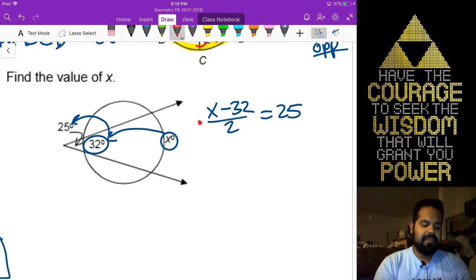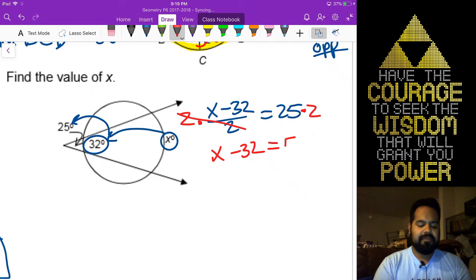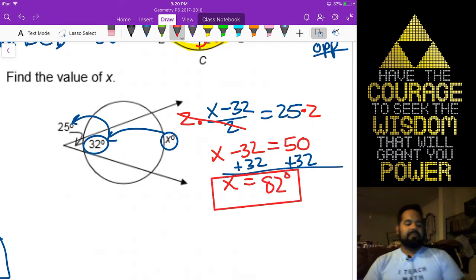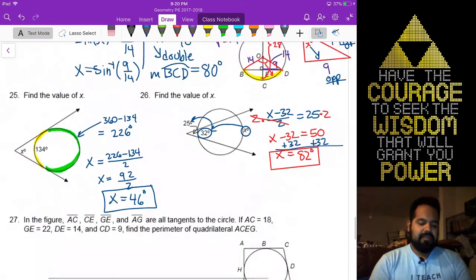So as you all know, the magical rule of thumb to get rid of those pesky fractions, at least for these ones. So then x is going to equal, gotta show my work for all the other little critters out there, x is going to equal 82 degrees. Sweet.